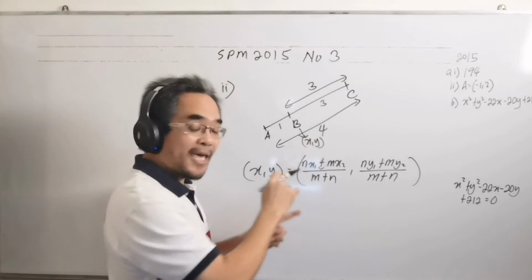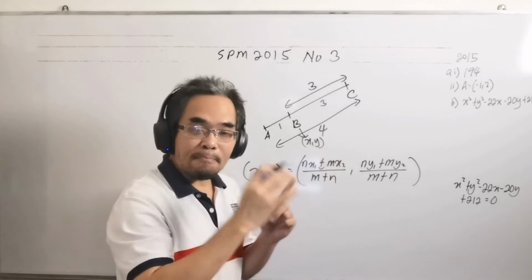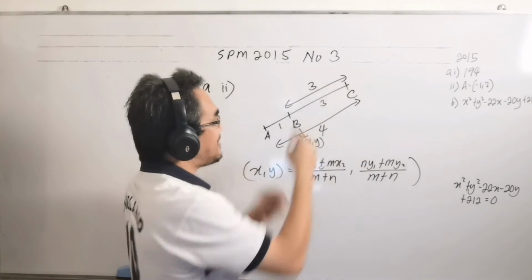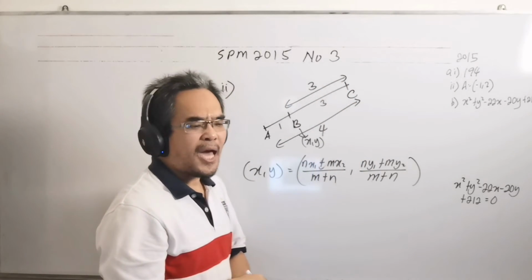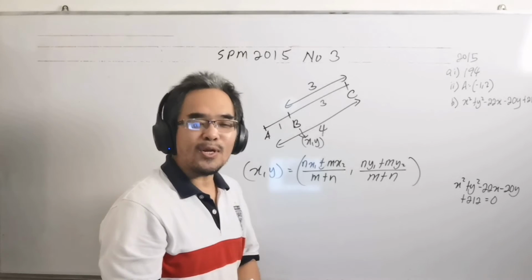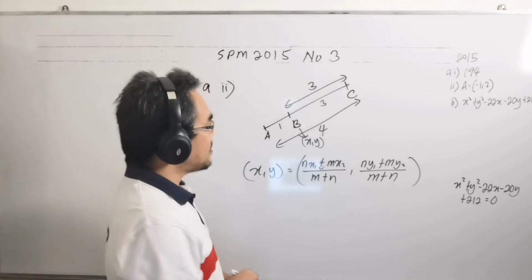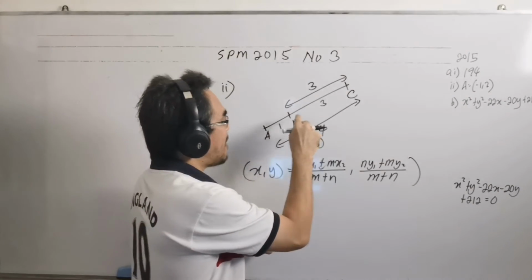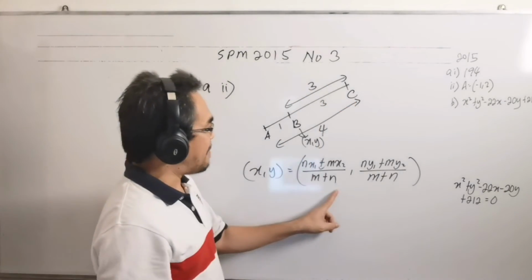Okay, so we cannot take the face value of it. We cannot take 4 and 3. Actually we can, but it will confuse you a lot. So it's better to take whatever between here to here and here to here as m and n.